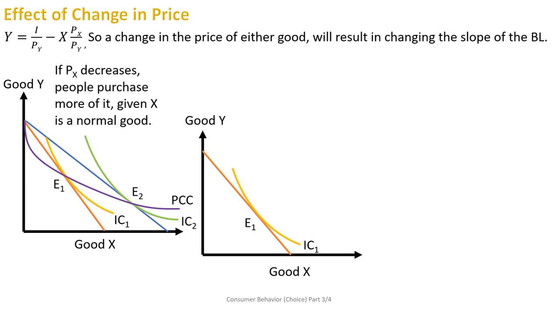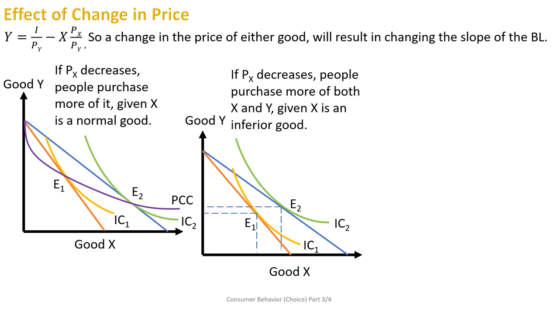Again, assuming that the price of commodity X decreased, the budget line rotated, the consumer shifted to a higher indifference curve. Now the equilibrium is at E2. Again, joining E1 and E2, we have the price consumption curve.